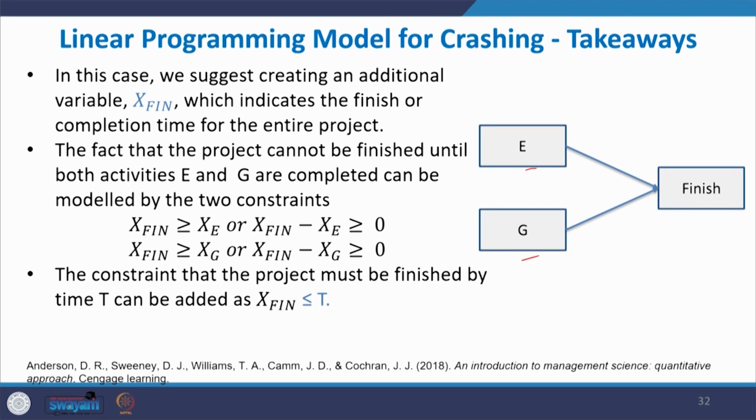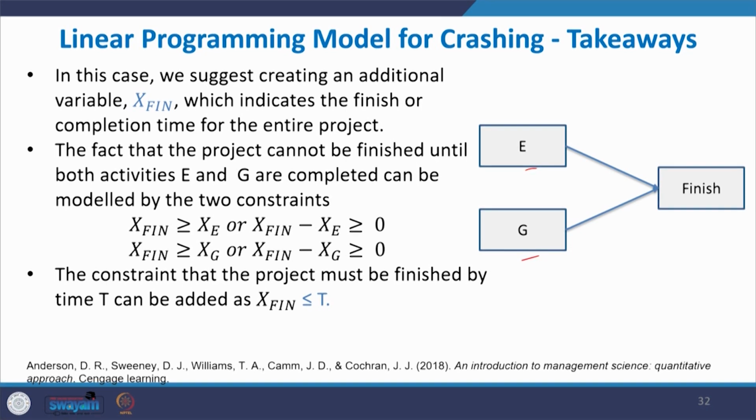In this case we suggest creating an additional variable xFin, which indicates the finish or completion time for the entire project. The fact that the project cannot be finished until both activity E and G are completed can be modeled by two constraints.